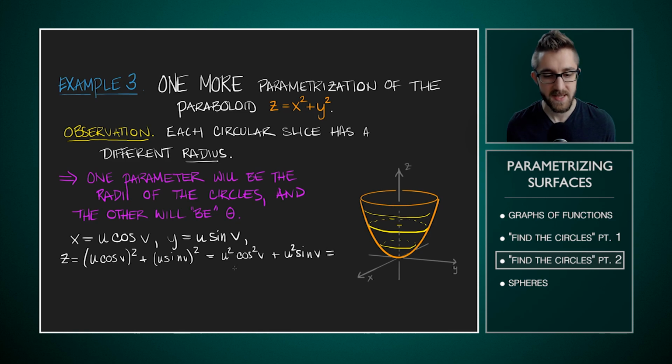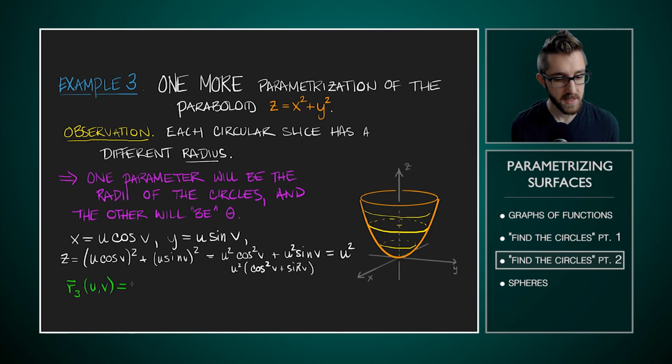And maybe you can see that if we factor out the u squared here, we get, in parentheses, cosine squared v plus sine squared v. That's always equal to 1. So the z coordinate is actually just u squared. So our parameterization is u cosine v, u sine v, and then u squared.